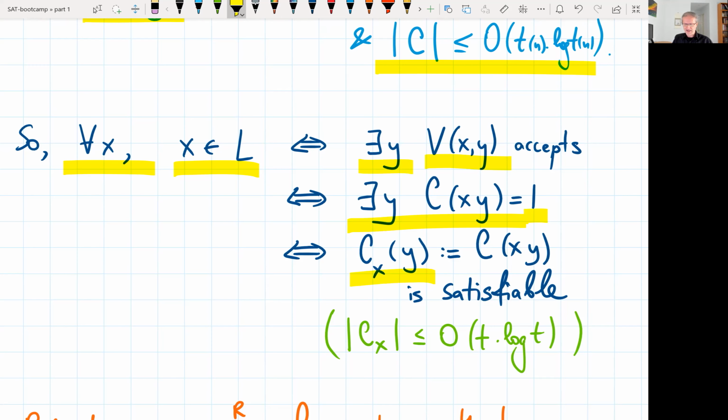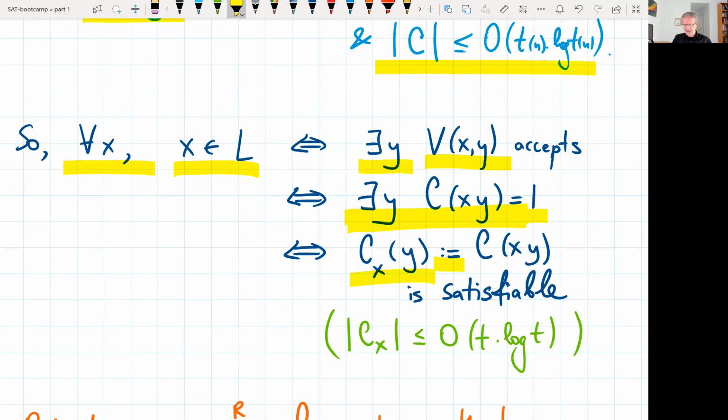And now let's define the circuit C sub x so that the inputs to the circuit C sub x are just bits in y. Okay, C sub x of y is defined as C of x and y. So I just take an x and hardwire it into the circuit, and the only free variables left in my circuit C sub x are the y's.